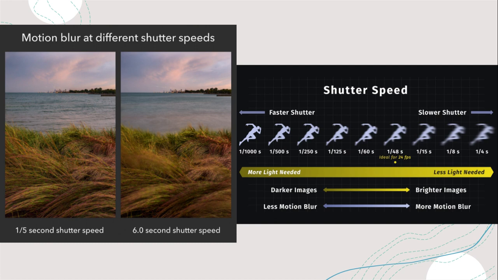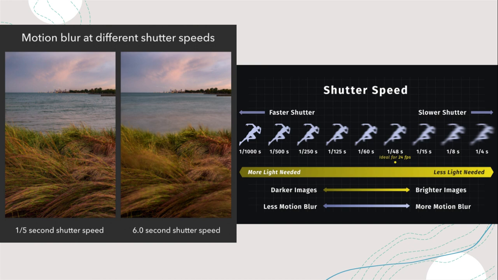So as I have touched on this, maybe I did it the wrong way round, but more light is needed for the faster shutter speed, and less light is needed for slower shutter speeds. So you can see that it contrasts. The faster the shutter speed, the more light needed, the darker the image.